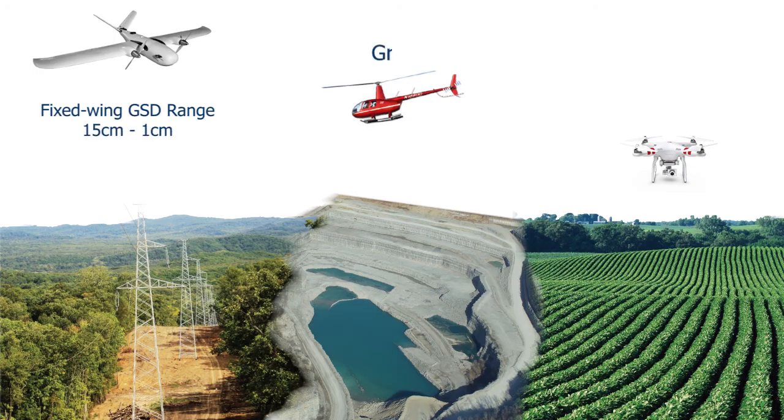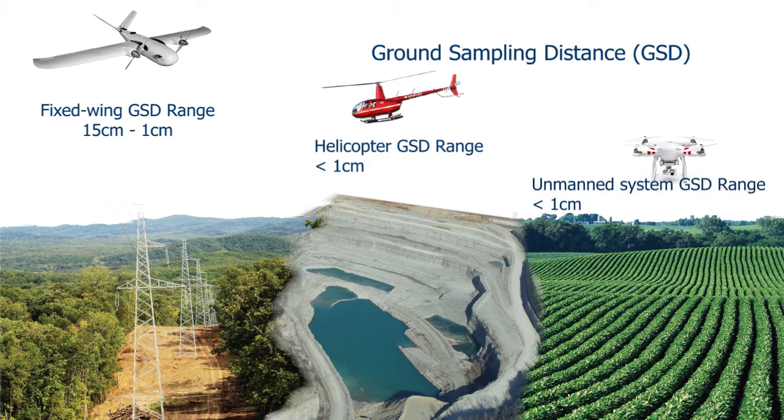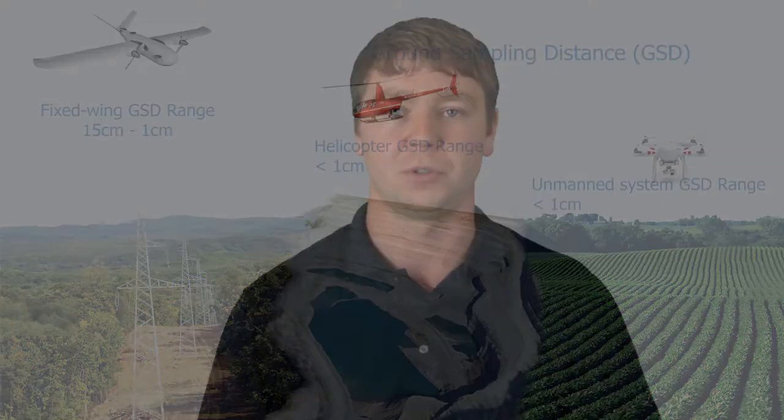Altitude and field of view also limit UAS, and sometimes speed does as well. 15 centimeters is generally the GSD for multispectral sensors, all the way down to 1 centimeter for fixed-wing aircraft. Below 1 centimeter GSD generally requires a multicopter or a hovering aircraft of some sort.